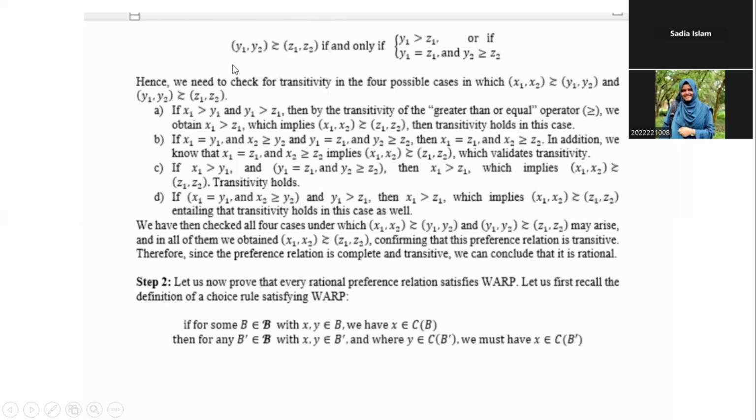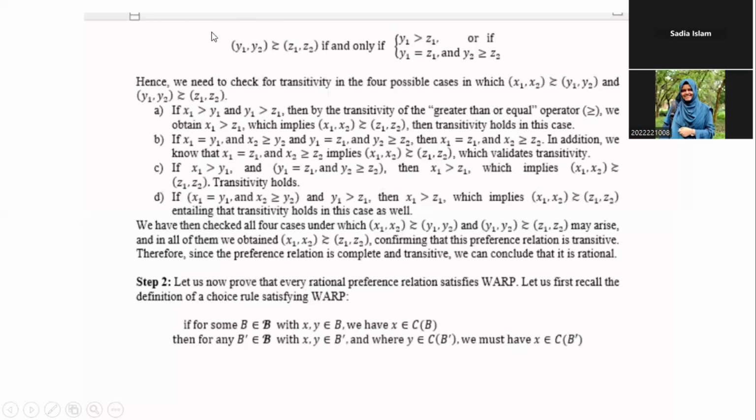You may see that here is the completeness condition of bundle of x and bundle of y, and bundle of y and bundle of x. This is the condition when y1 is greater than x1, and y1 equals z1 and y2 equals z2.